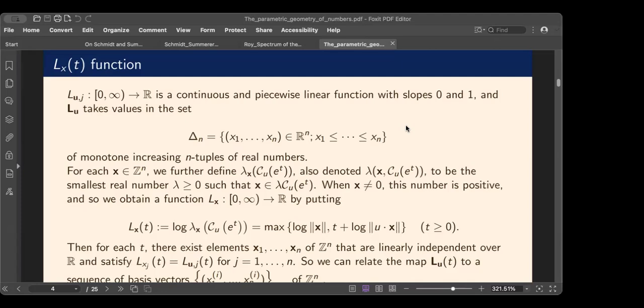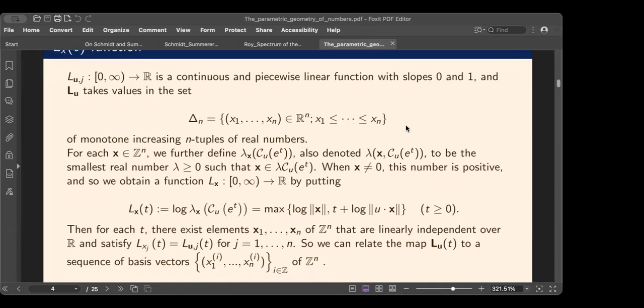When t equals log norm x minus log u dot x, on the left side it is a constant function, just a line with slope 0, and on the right side it has slope 1.